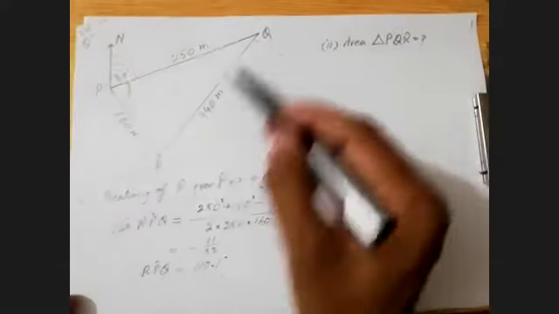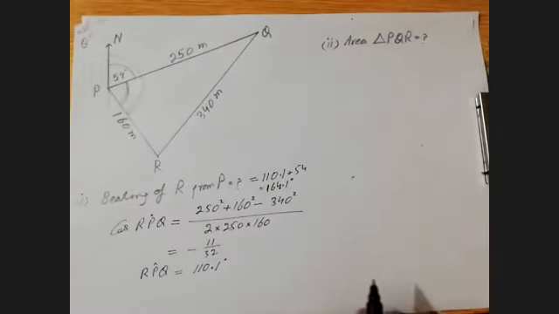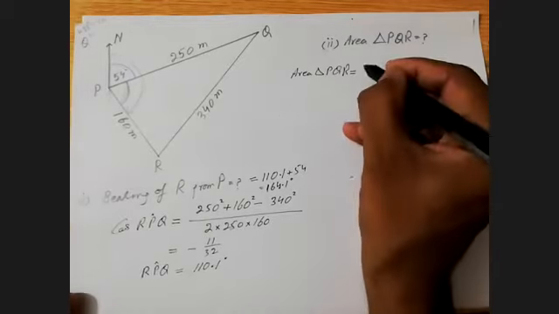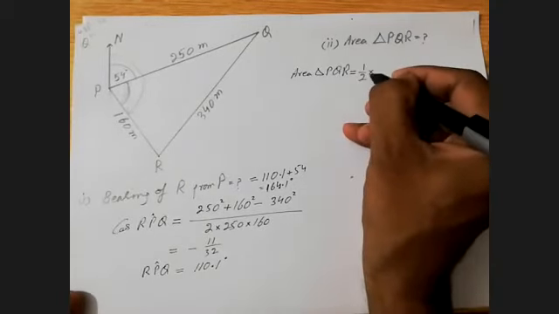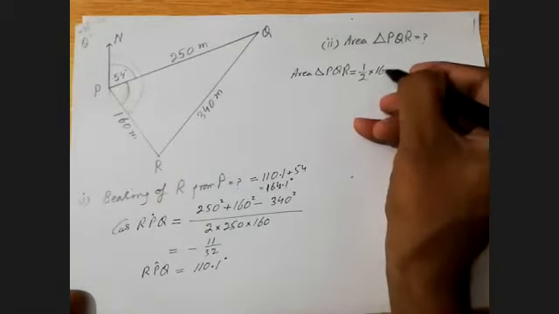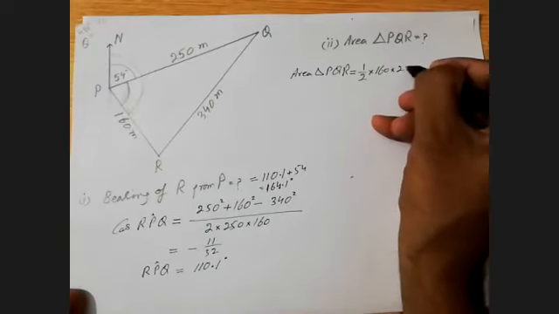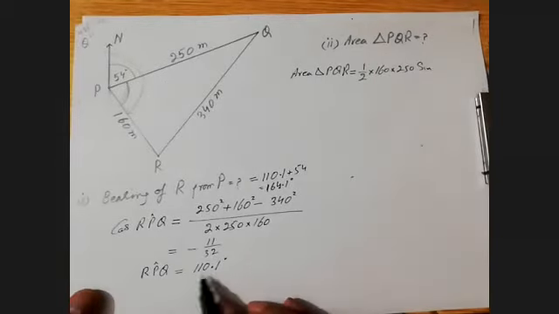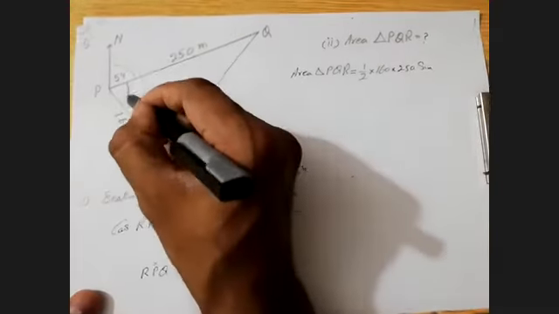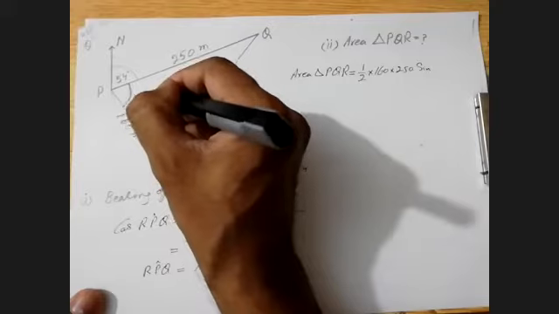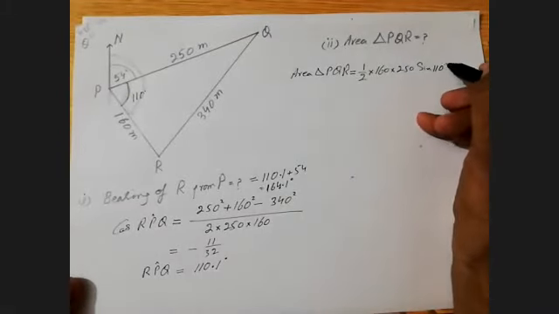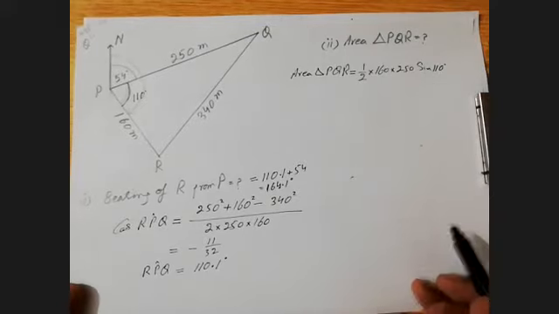This is PQR, which is required to be found. It is 1/2 into 160 into 250 into sine of the included angle, which is 110. Because this angle is already calculated as 110 degrees, I am taking it as 110 instead of 110.1.